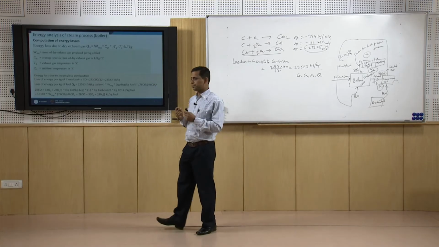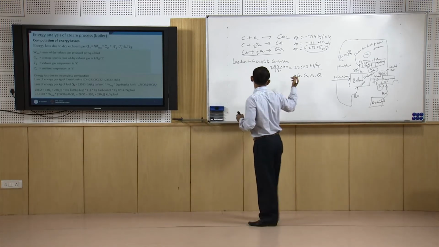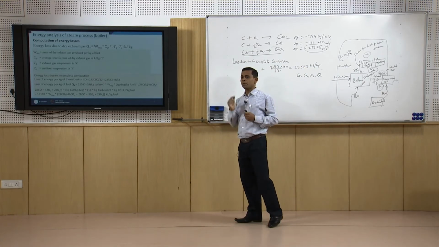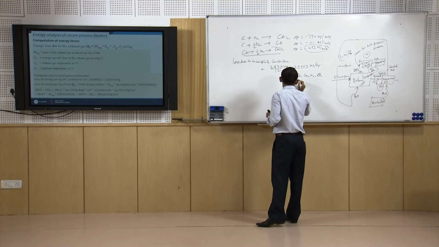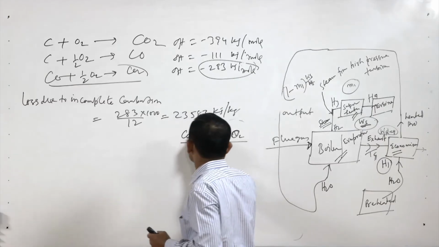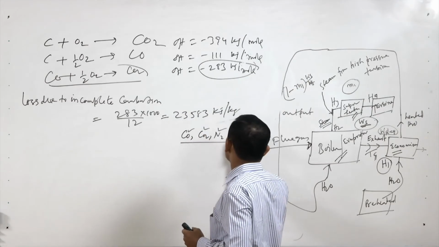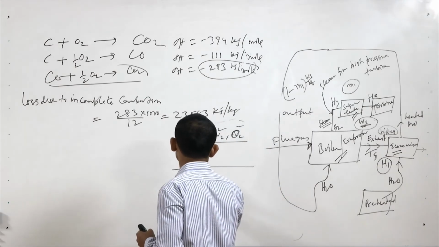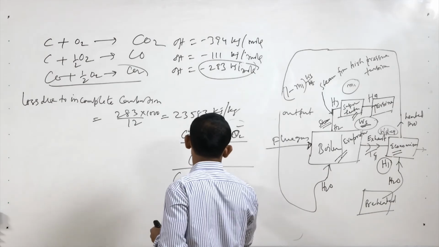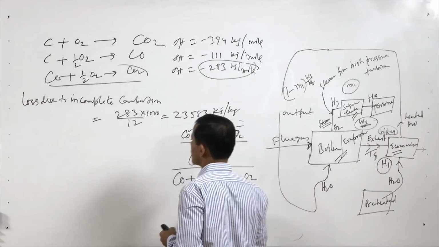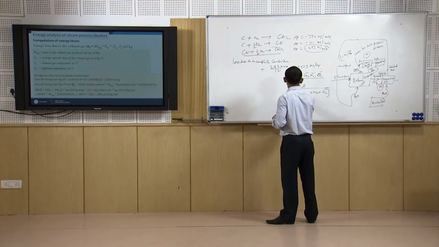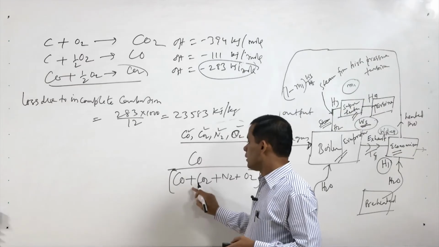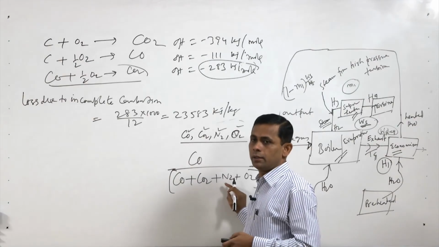If it is lesser, then complete combustion may not take place even though stoichiometric oxygen is provided. So, some amount of oxygen may be available. If we know the mole fractions, then mole fraction of CO divided by mole fraction of CO plus mole fraction of CO2 plus mole fraction of N2 plus mole fraction of O2 will be the amount of CO present in the total flue gas.